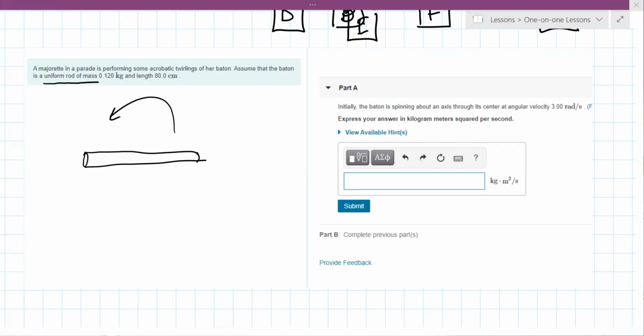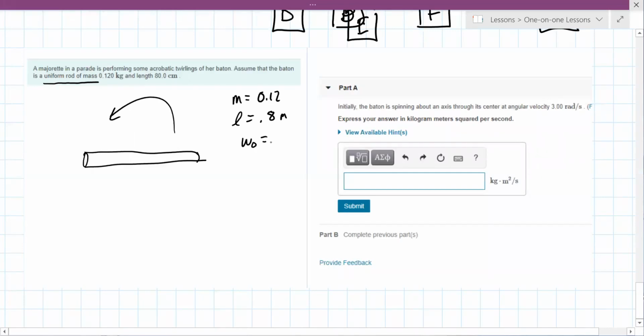So one of the things that I think would be good to do is identify the quantities you're given. The mass is 0.12. The length of the rod is 0.8 meters, and omega initial is 3 radians per second. Then you can get a feel for what you need to find, or what formulas you have that even help here.